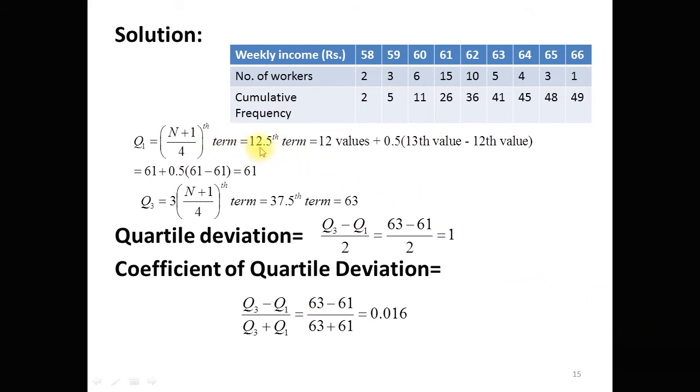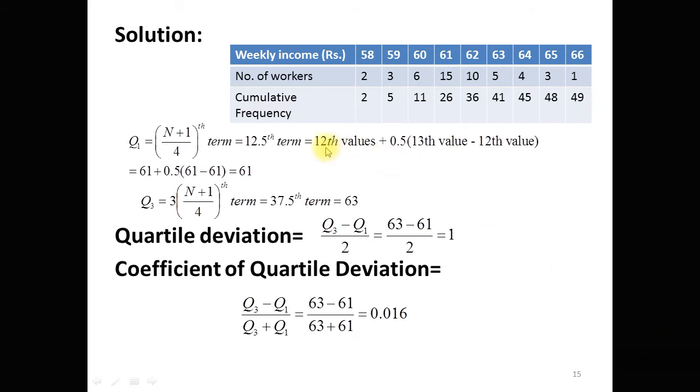So the position of the first quartile is 12.5, and for the 12.5th term we can find the first quartile value by using this formula: 12th value plus 0.5 times (13th value minus 12th value). So dear students, note that this point is very important.